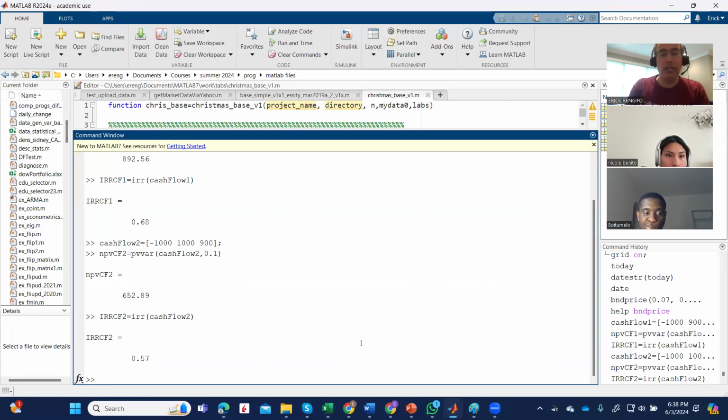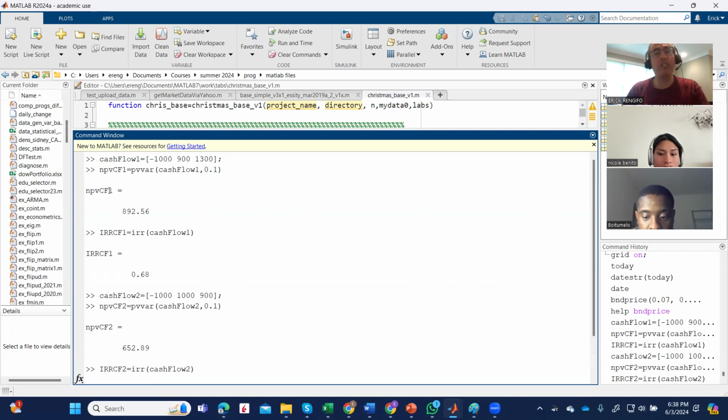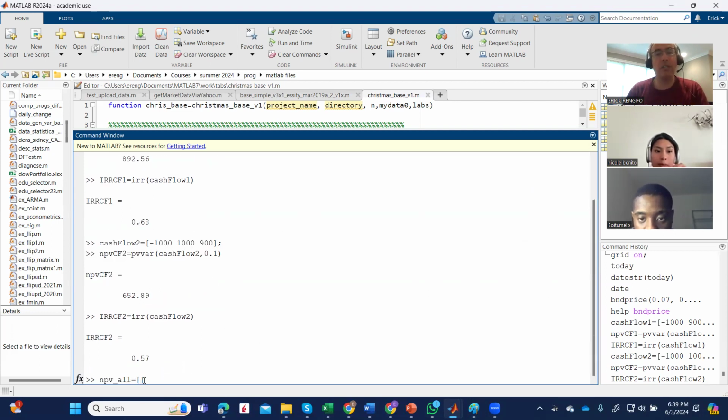I will call it net present value all. This is going to be equal to what? I don't want to type the values, I agree? So I need to create a vector here. And the vector elements are going to be, where's my vector element number 1, this one. And the second one is going to be this one here.